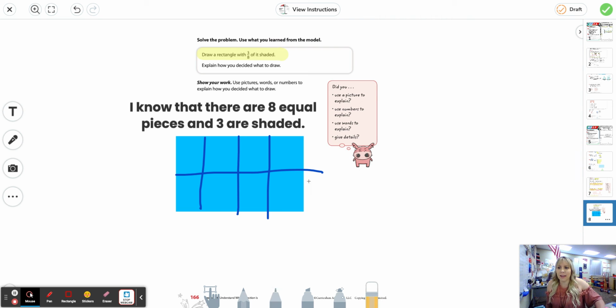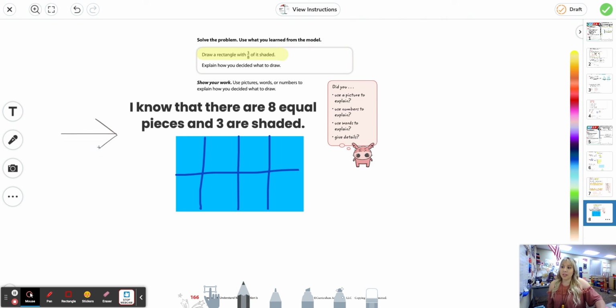You can get an array of 8 by thinking 2 rows of 4, or 4 rows of 2, or 1 row of 8. Then I need to shade in 3 of those pieces. That's your task. Show me in words your explanation. Show me in a picture your explanation, and make sure that you shade 3 of those 8s. Have fun!